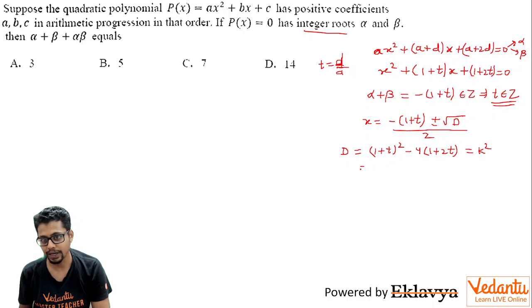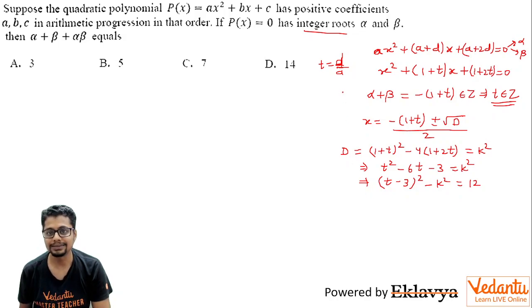So here what you have is t square plus 2t minus 8t, which is minus 6t, and 1 minus 4 is minus 3, equal to k square. That means (t minus 3) whole square minus 9, so we'll do minus 9. So (t minus 3) whole square minus k square equal to 12 is what you are getting.